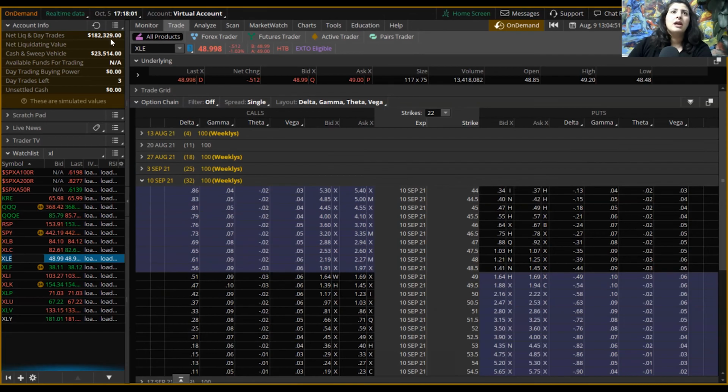But the other thing is SPY is a bit more expensive, it's not the cheapest.